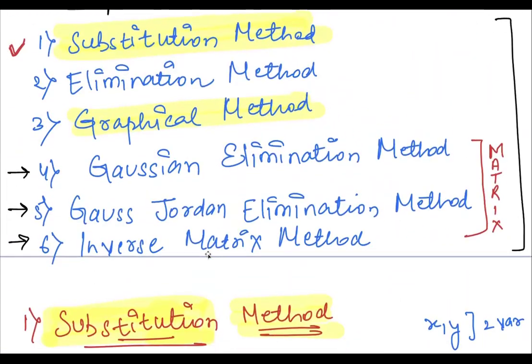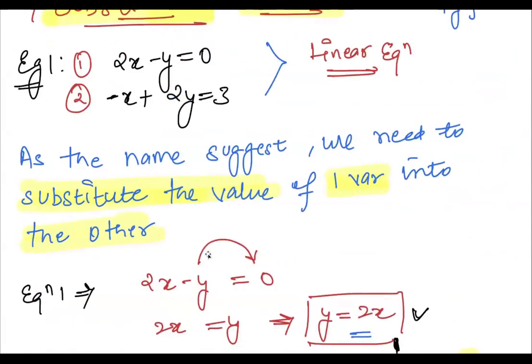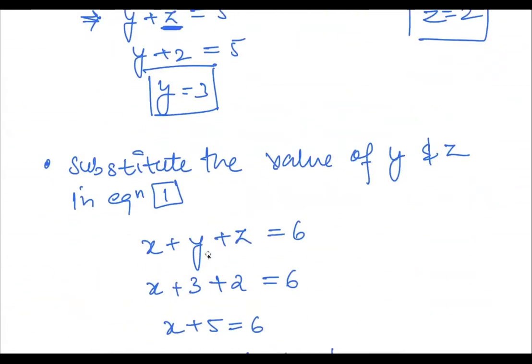We are basically substituting so as to get the values of our linear equation. Now let's understand the elimination method. Let's understand the second method, which is the elimination method.